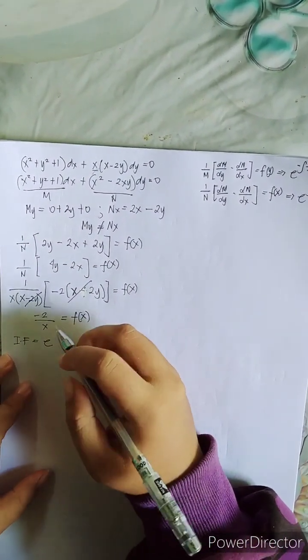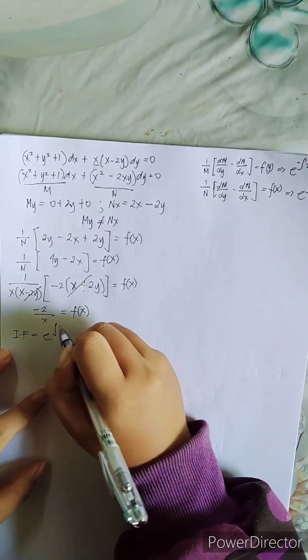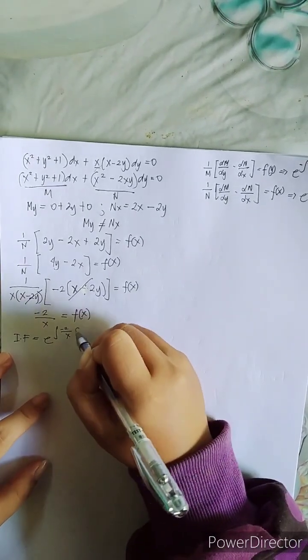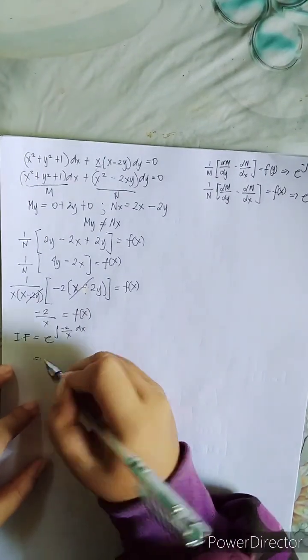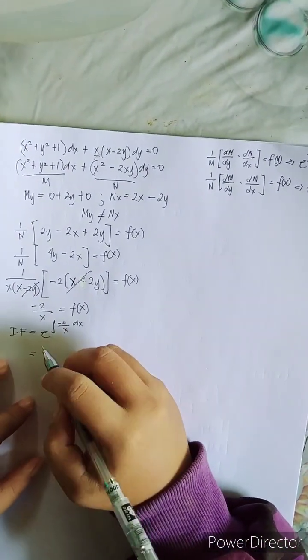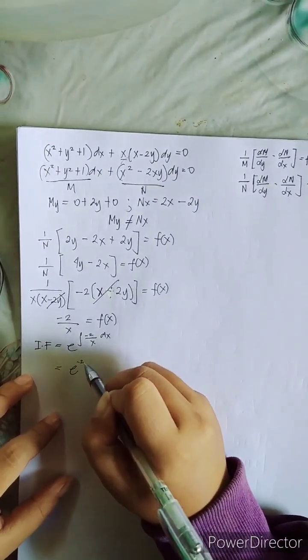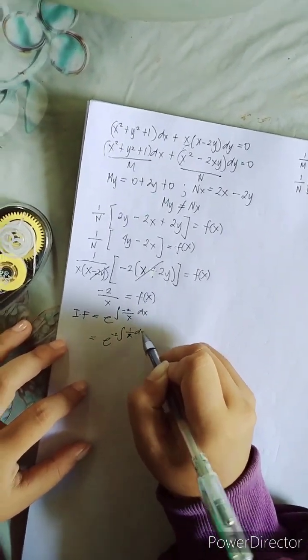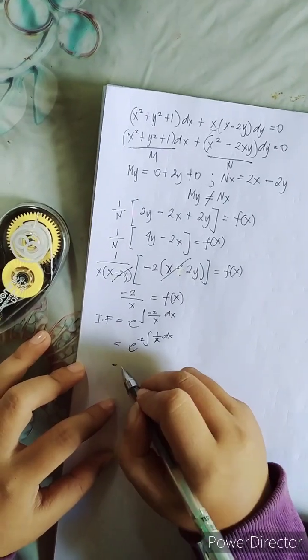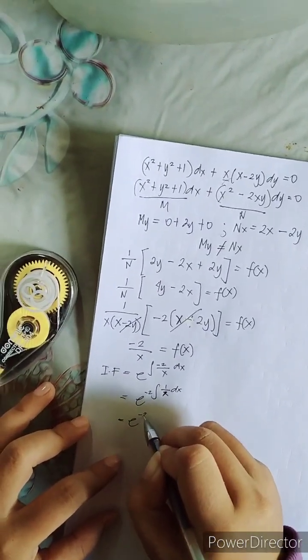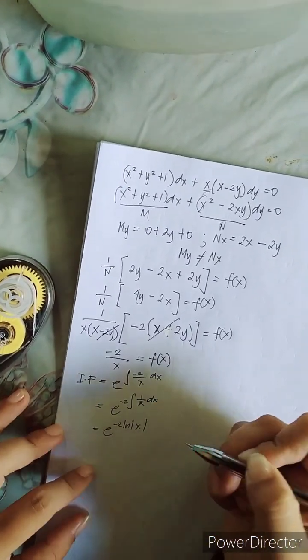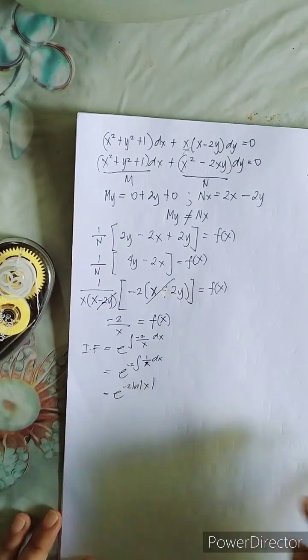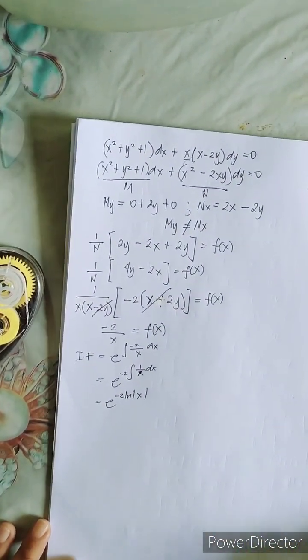Equal to e raised to integration of negative 2 over x dx. Then factor out the negative 2, integration of 1 over x dx. Then this will be e raised to negative 2 ln x. Make negative 2 as an exponent.